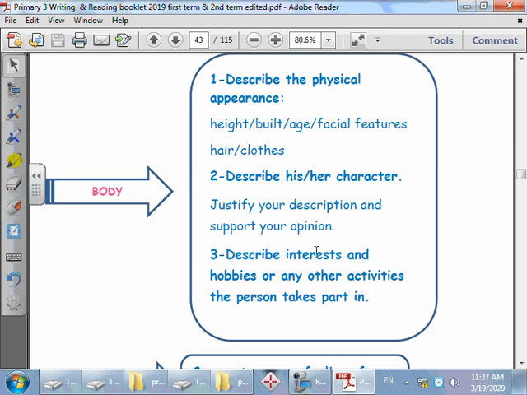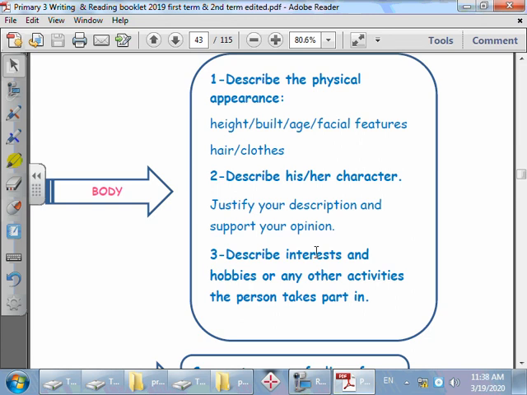The age, how old is he? Facial features, like anything in the face, like his eyes, the color of the eyes, his nose, his mouth. These are all facial features because they are on the face. The hair, is it short hair, long hair? Okay. And the clothes, are they stylish, fashionable, and so on.